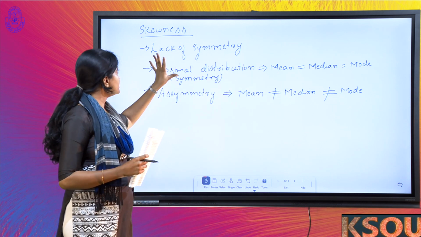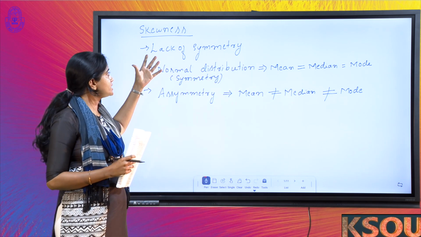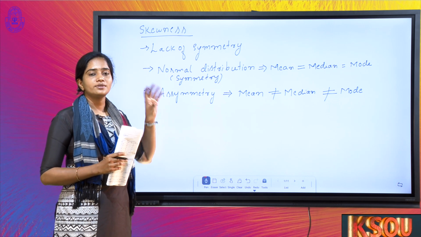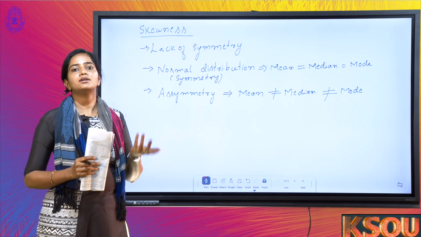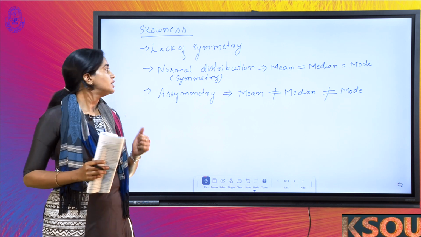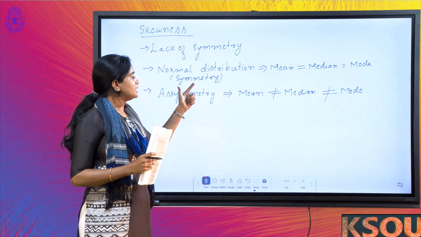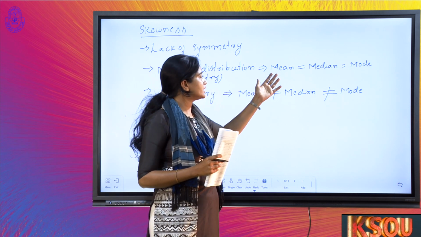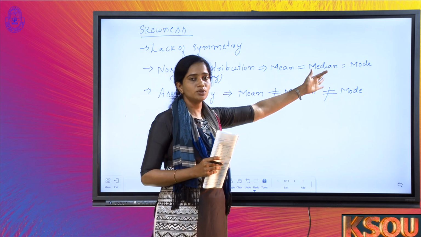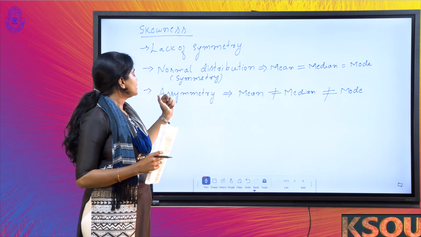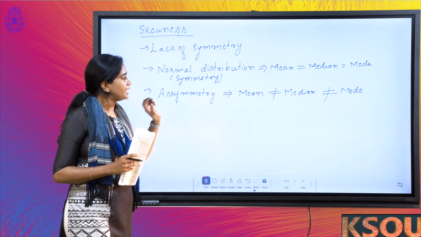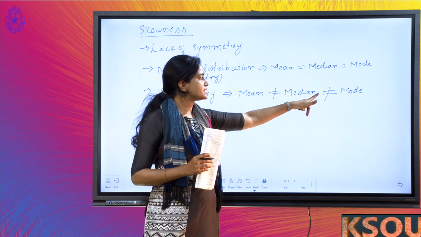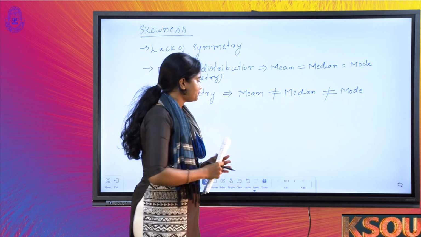Skewness gives the lack of symmetry, that is, asymmetry with respect to the frequency distribution. In a normal distribution, mean is equal to median is equal to mode, whereas in asymmetry, mean is not equal to median and median is not equal to mode.